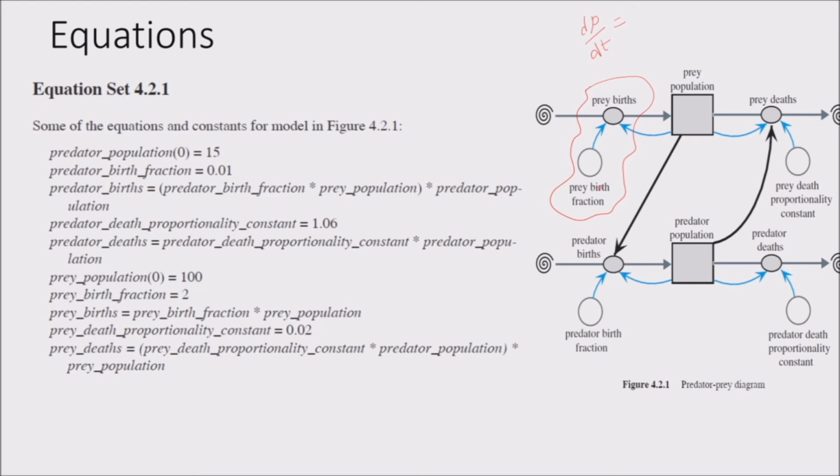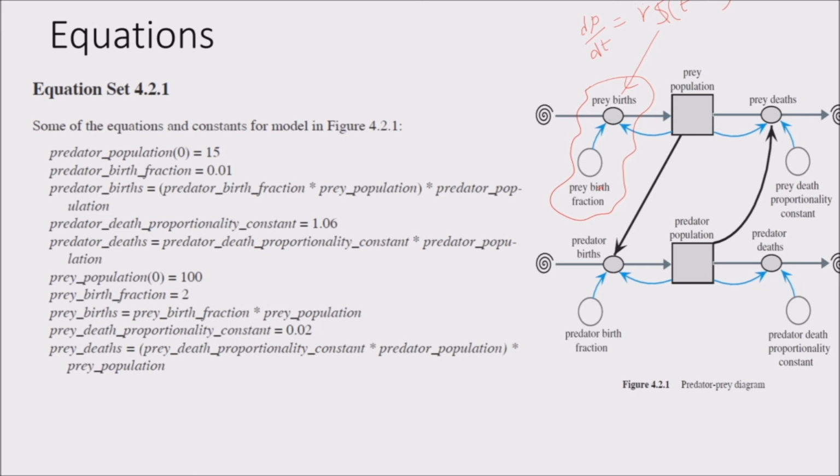Let's put something here like r, multiplied by the previous population, S(t - delta t). This is what you apply in your equation in Vensim.